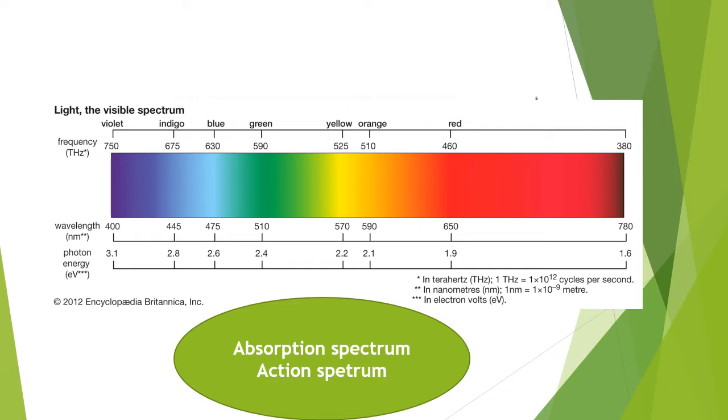And the curve showing the rate of photosynthesis at different wavelengths of light is the action spectrum. Both this absorption spectrum and action spectrum curve are in your NCERT text, go through that.